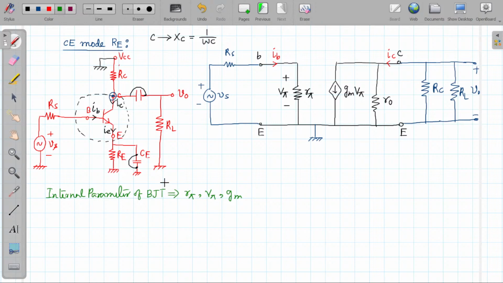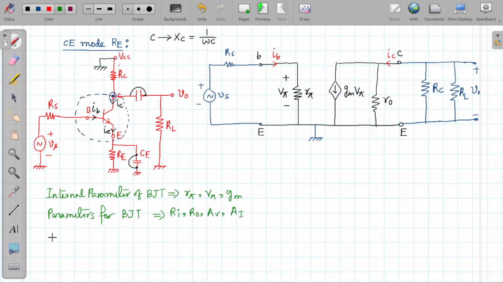Now, if we want to talk about the parameters that we have seen previously for a bipolar junction transistor, these are the parameters that we have already discussed in the previous lectures: the input resistance, the output resistance, the voltage gain and the current gain.